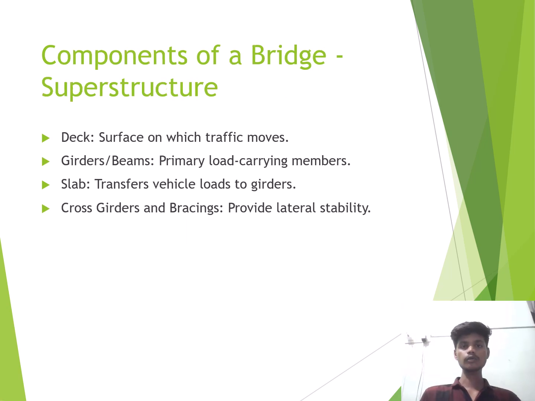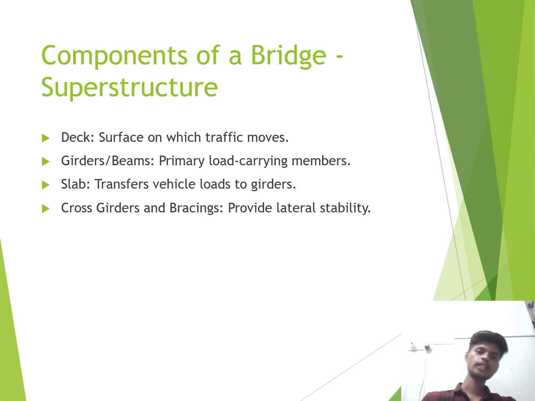Next is components of bridge superstructure. First one is deck. Deck is a surface on which traffic moves. The deck means the road on which the vehicles move. Second one is girder or beam. Girder or beam is a primary load carrying member which supports the deck.